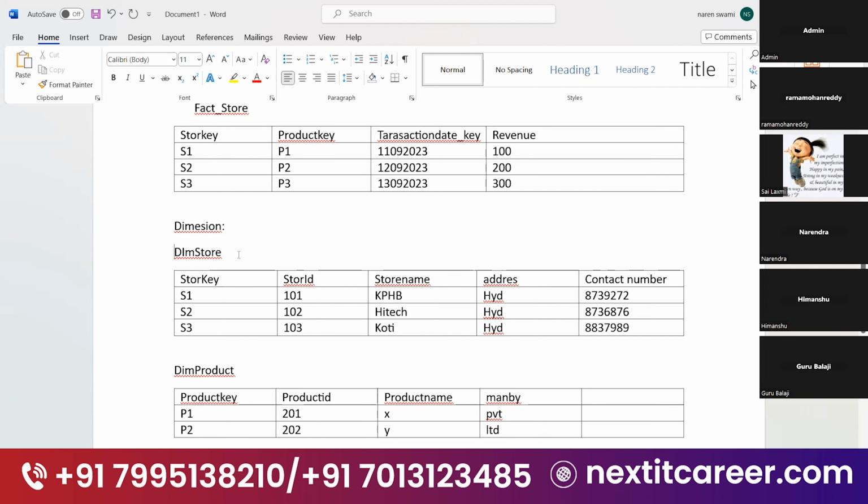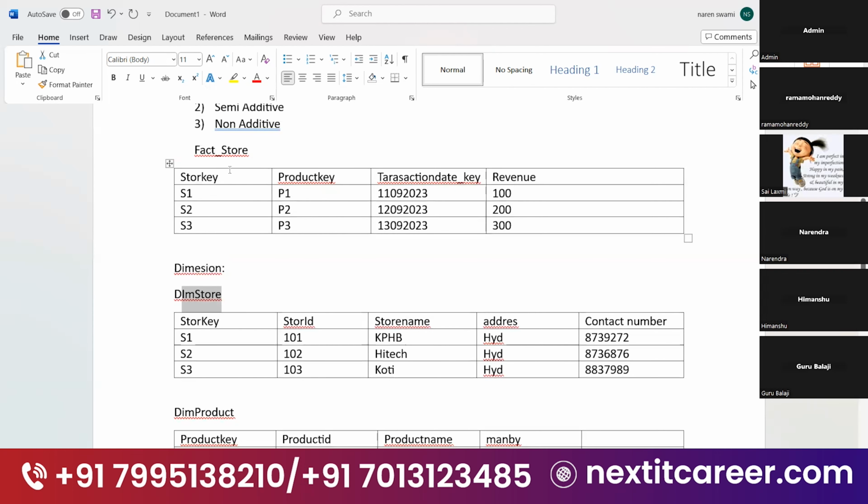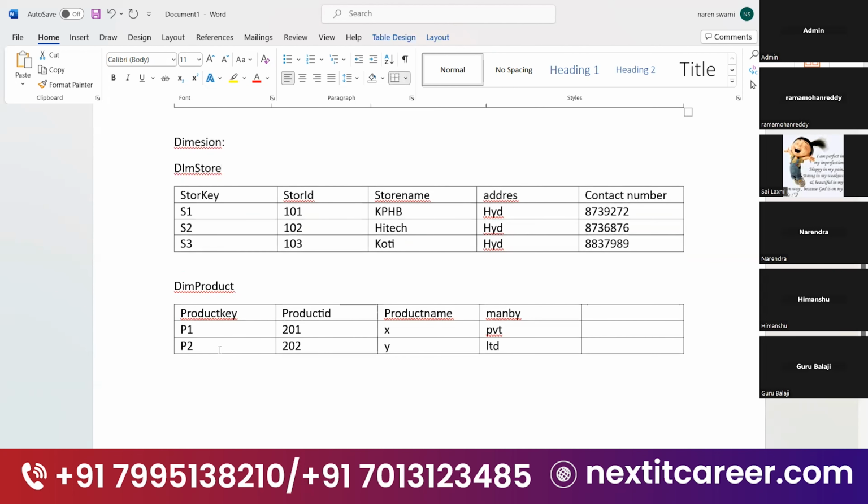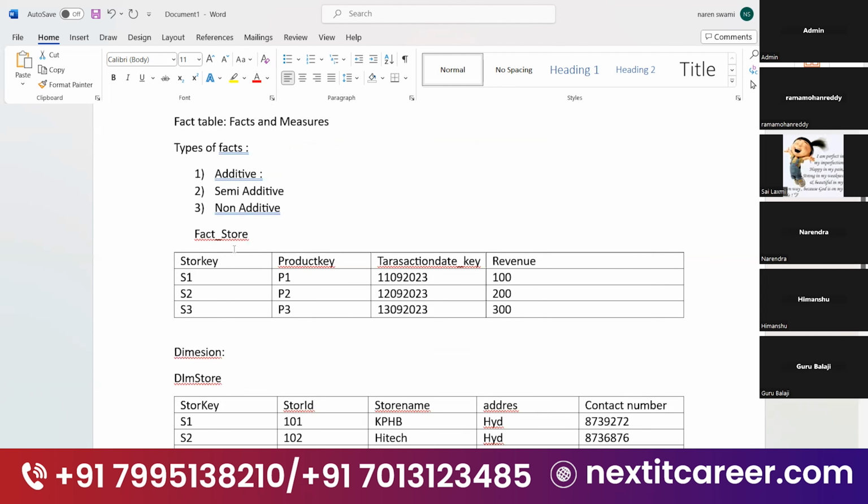But if it is not loaded, and the data is not available in dim store, then the fact will not have the store key data. That is why in a data warehouse process, always remember dimension tables load first, all the descriptive data loads first, and after that the fact table will be loaded.